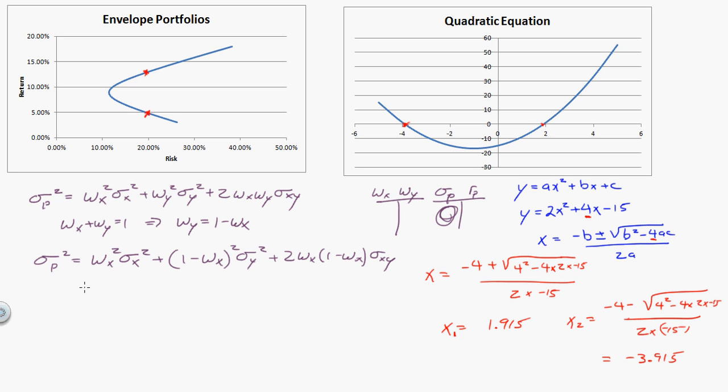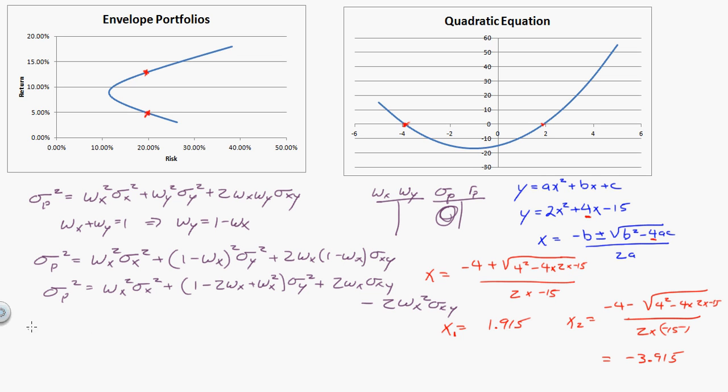So that's going to be sigma p squared is equal to wx squared sigma x squared, plus, when I expand this, that's 1 minus 2wx plus wx squared times sigma y squared, plus 2wx sigma xy minus 2wx squared sigma xy.